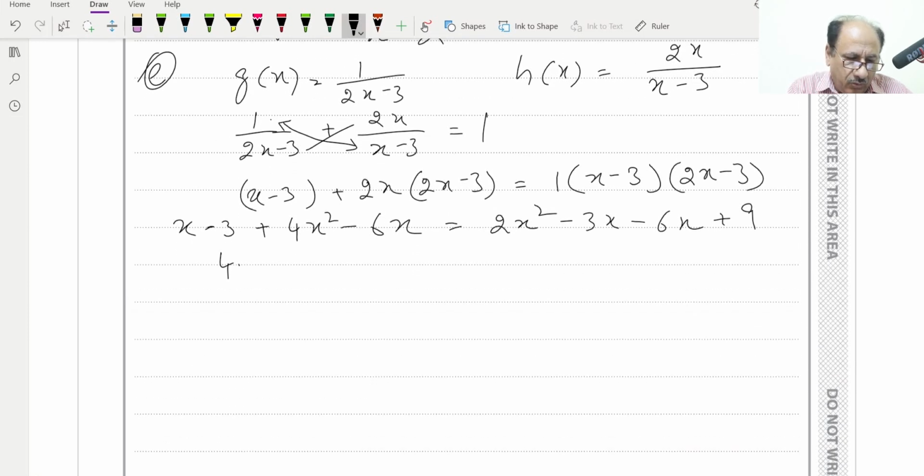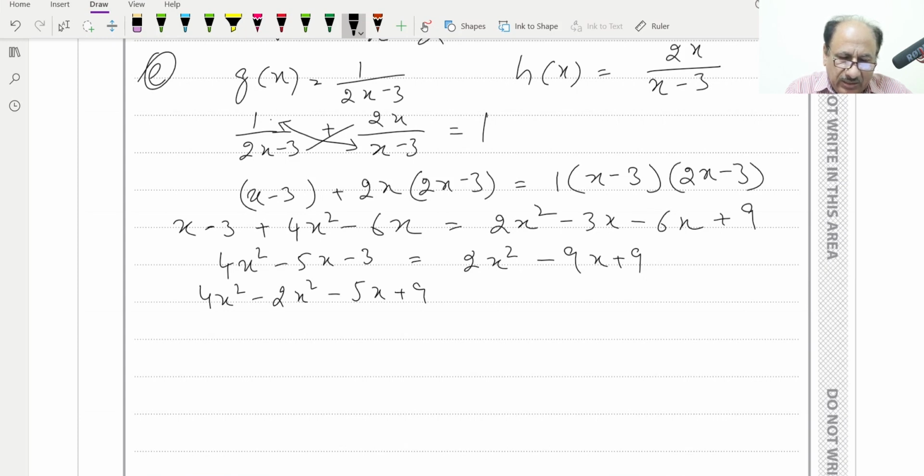This side will be 4x squared minus 5x minus 3, and this is equal to 2x squared minus 9x plus 9. So we'll shift everything to one side. This will be 4x squared minus 2x squared minus 5x plus 9x minus 3 minus 9 is equal to 0. So this will be 2x squared plus 4x minus 12 is equal to 0. So this will be our quadratic equation.